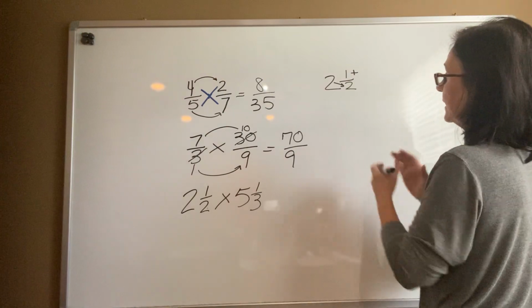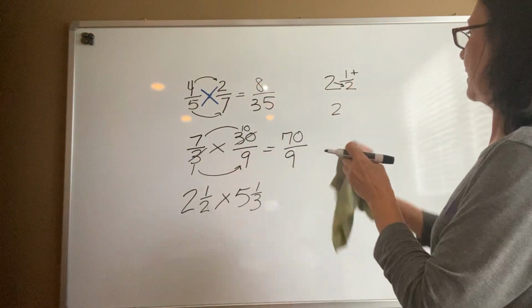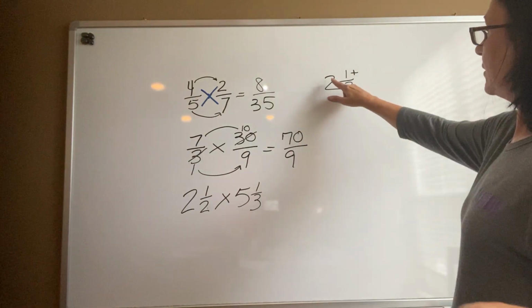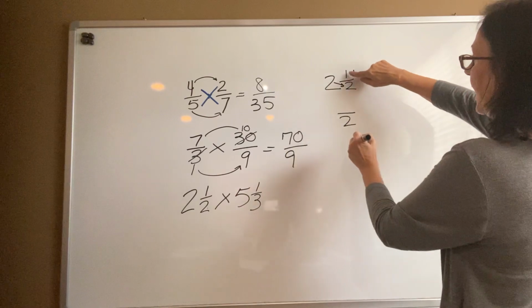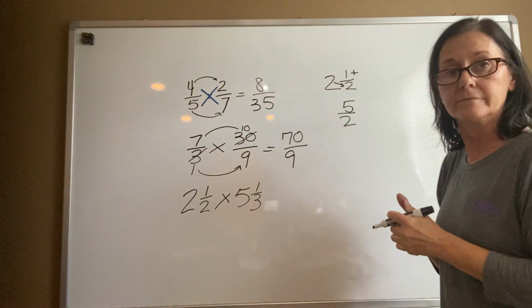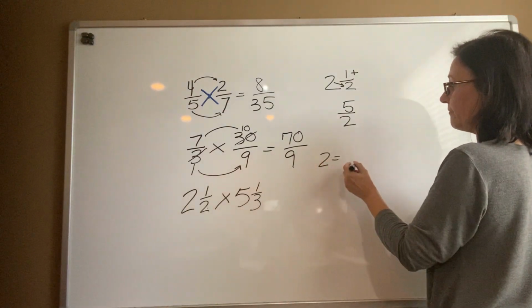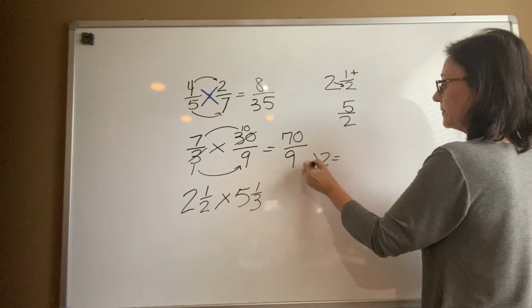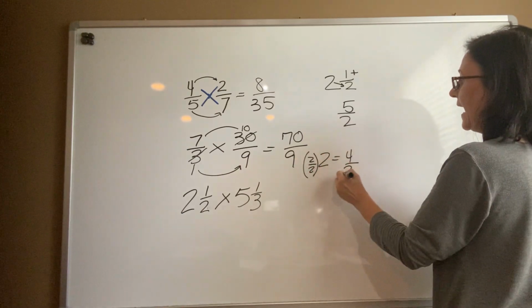That's how I want you to do it. 2, the whole number times the denominator. My denominator doesn't change, and I add it to the numerator. So that's 1 plus 4, which is 5. Really, 2 is the equivalent, if I multiplied it by 2 over 2, of 4/2.